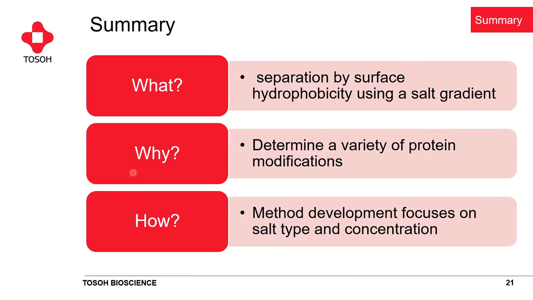Because we can determine a variety of protein modifications by that method, and we do so by developing methods where we mainly look at the salt type and salt concentration that we modify in order to get the best separation of our molecules.